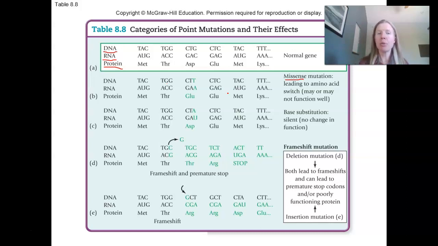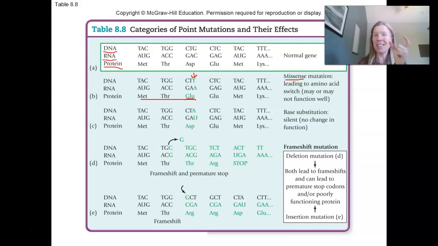A point mutation is if you just have a single letter that changes. If any kind of mutation makes it so that the amino acid in the final protein differs, that's considered a missense mutation. So if it causes the change of the amino acid, it's missense. You can also have a silent mutation, right?